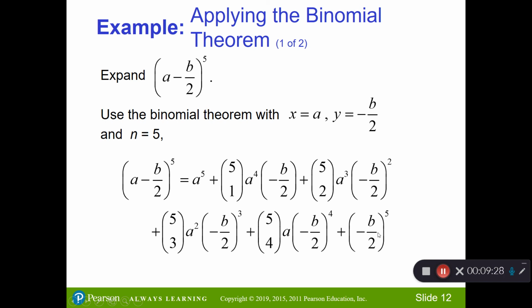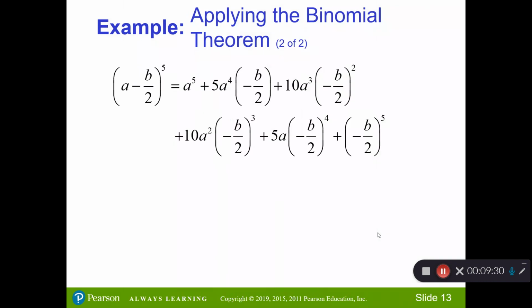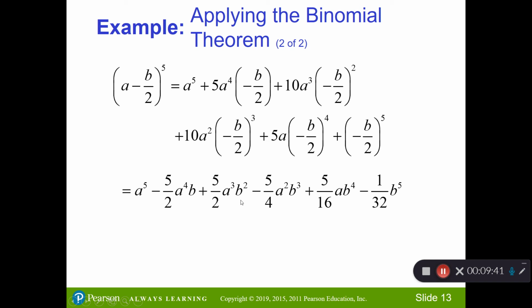All the way down till we get all the terms written in. Now go ahead and work out those binomial coefficients. We're going to find it goes 1, 5, 10, 10, 5, 1. Now expand the squaring and multiplying that fraction times the coefficient out front. This is our reduced form.